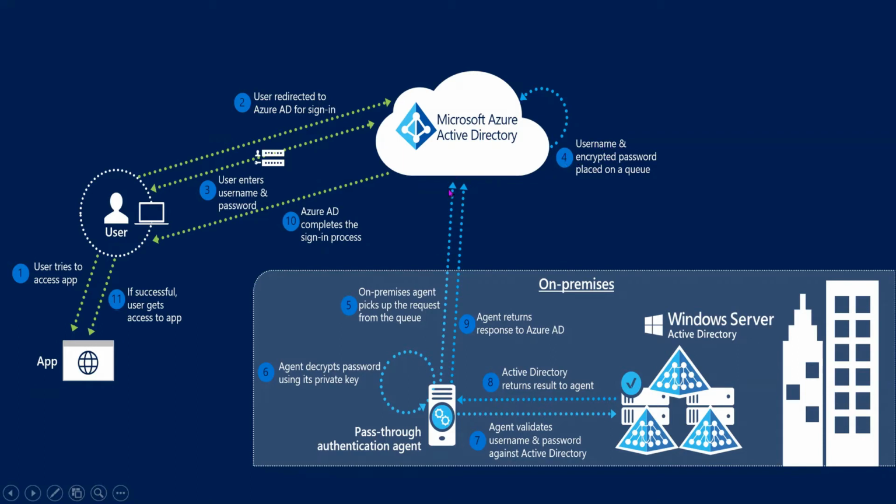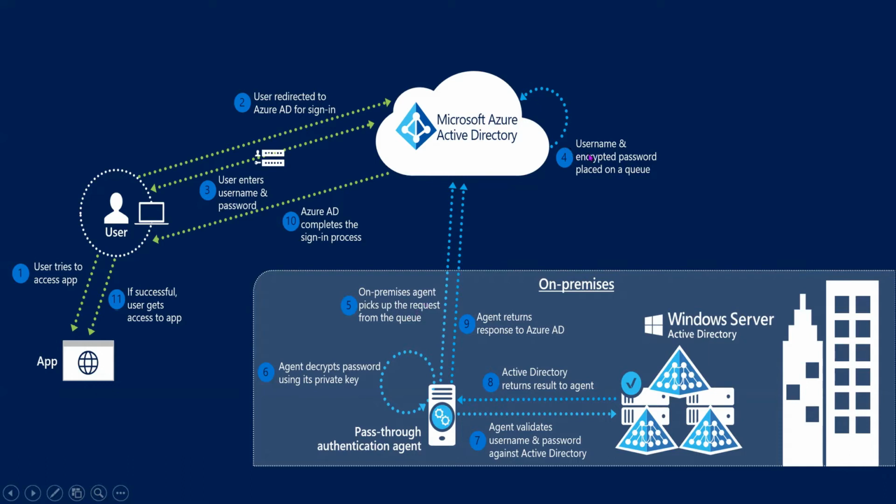So the fifth step is the on-premises agent picks up the request from the queue. So generally what happens, whenever I configure this pass-through authentication, in this configuration, I have to install one pass-through authentication agent also. Okay, so we will install an agent. So what this agent is going to do, this agent will pick up the request from the queue.